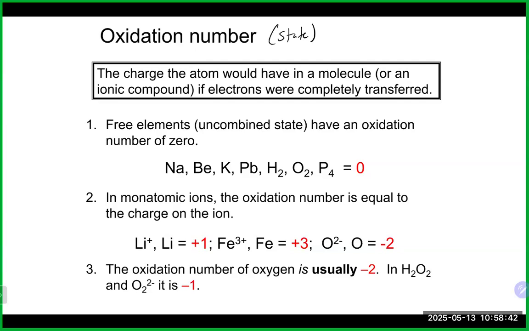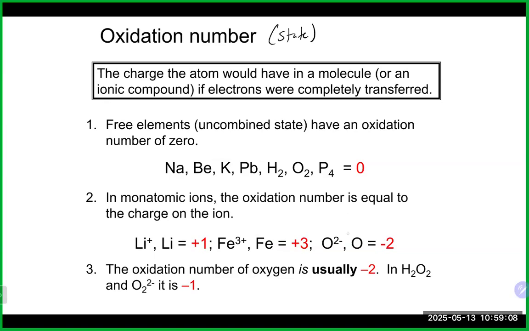Anything from the periodic table that's not attached to anybody else has a 0 oxidation state. If you have a monoatomic ion with a charge, whatever the charge is, is its oxidation state. For example, iron 3 from iron 3 chloride would have a +3 oxidation state, the same as the charge.